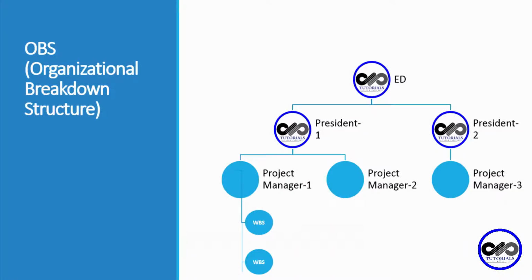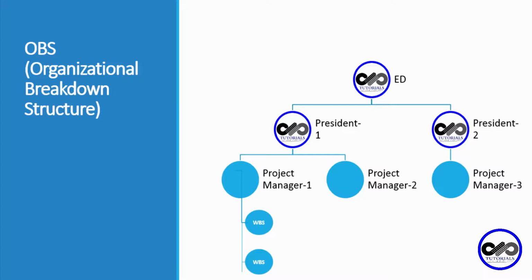OBS represents management that is responsible at the EPS node or WBS node of any project structure. Any organizational breakdown structure is a hierarchical arrangement of the project's management structure. OBS is almost the same as a resource pool.